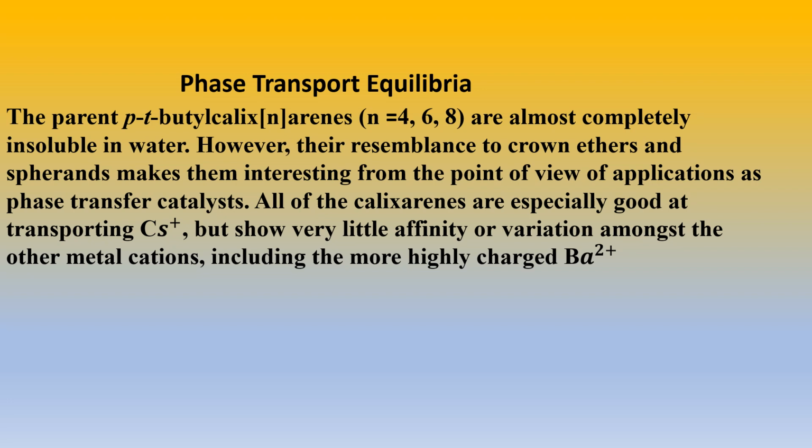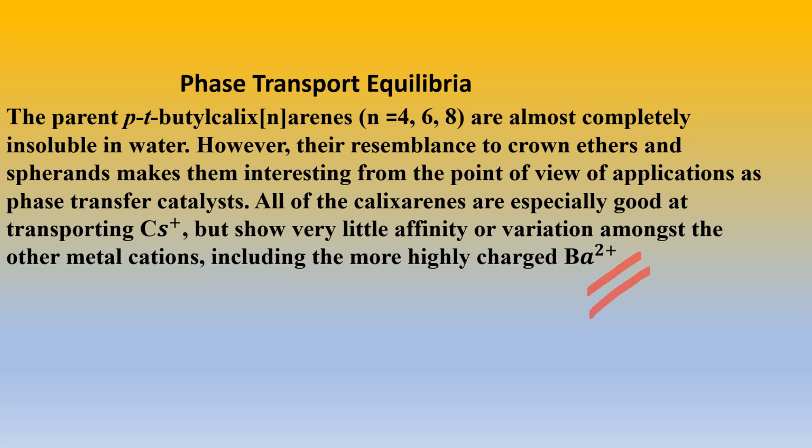And phase transfer equilibria. So butyl calixarenes are almost insoluble in water. So they resemble the crown ethers and spherands for the application of phase transfer catalyst. They will be acting as a good transport material for cesium ions, but not for other metal cations like barium 2 plus, in which the charge is very high.